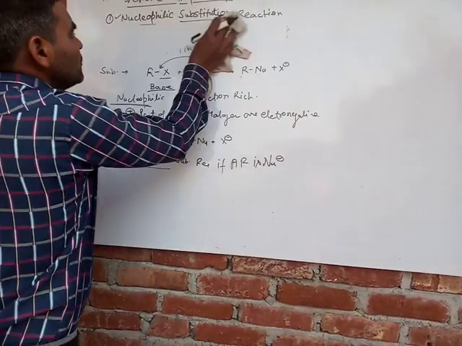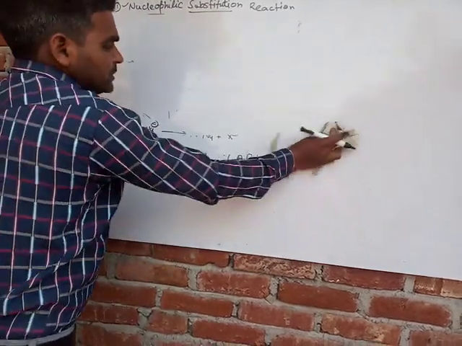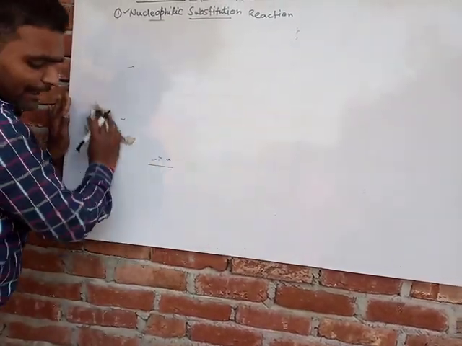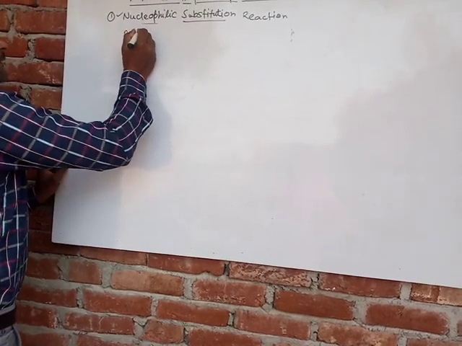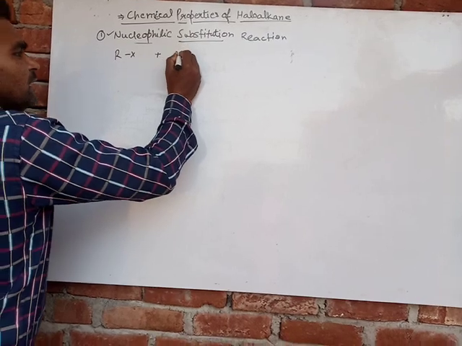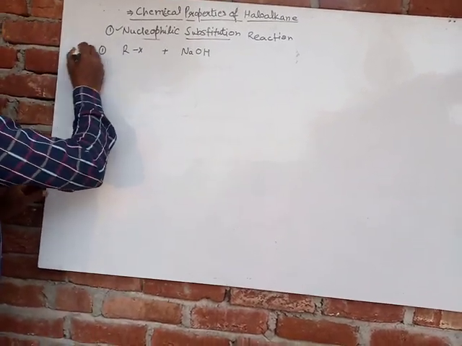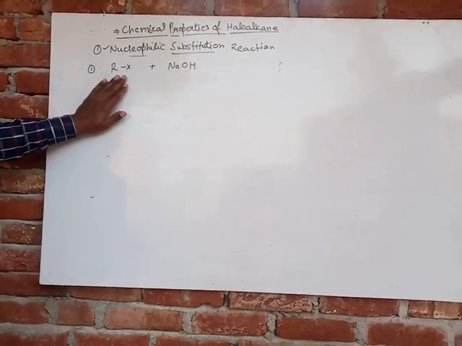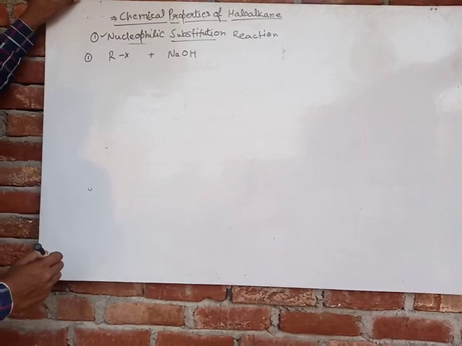Now we see some examples of nucleophilic substitution reaction. Suppose we have an alkyl halide in the form of RX, and it reacts with NaOH. This is the first reaction of this category. RX is the alkyl halide and NaOH, sodium hydroxide, is a base.